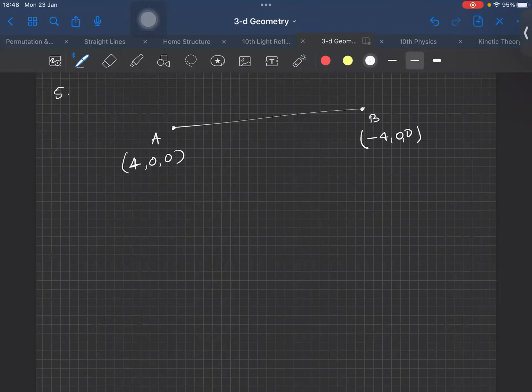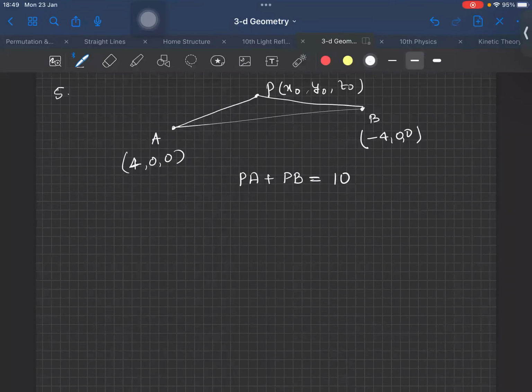Now there is a point P somewhere in space, let's say P is here, whose coordinates are x naught, y naught, z naught. If you join PA and PB, this time it says PA plus PB should be equal to 10. That's it. We'll use the same distance formula and solve it.